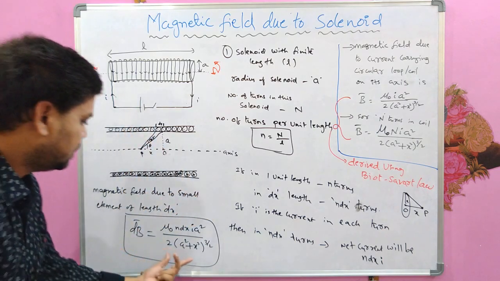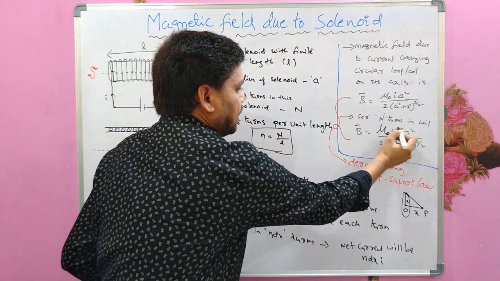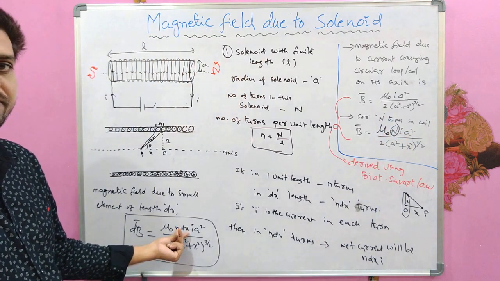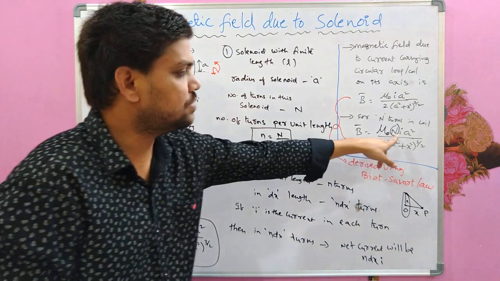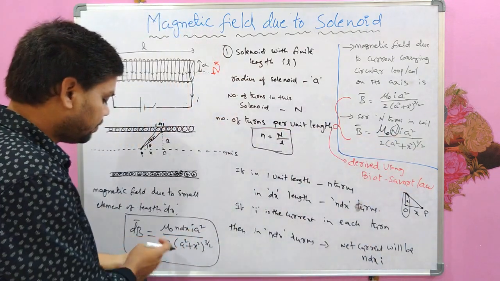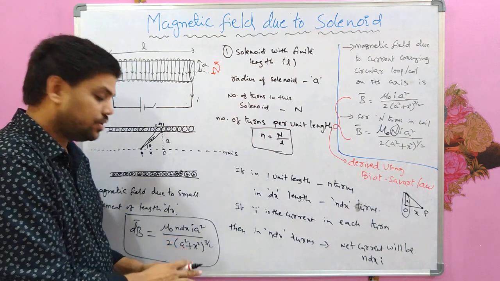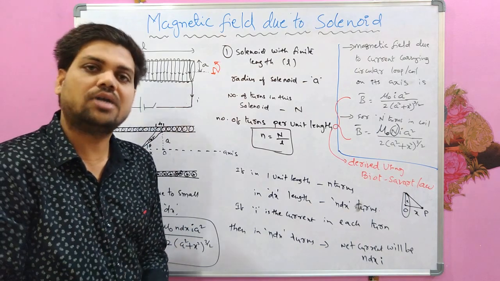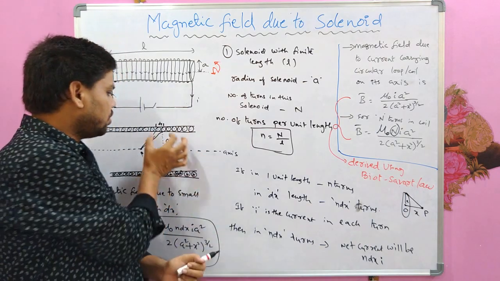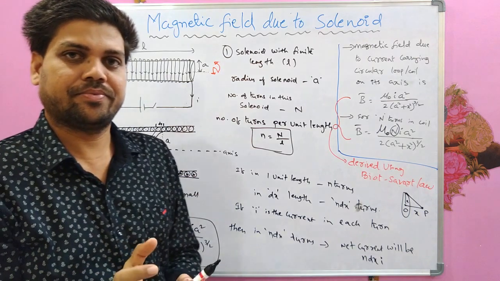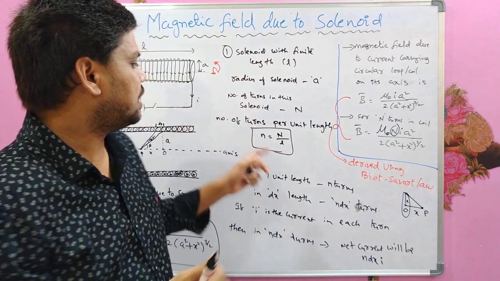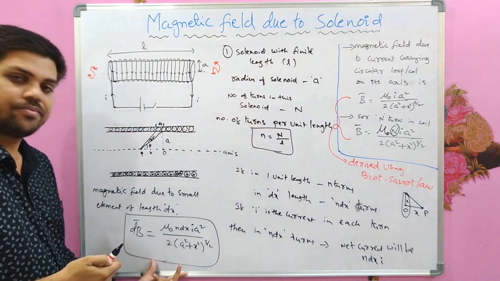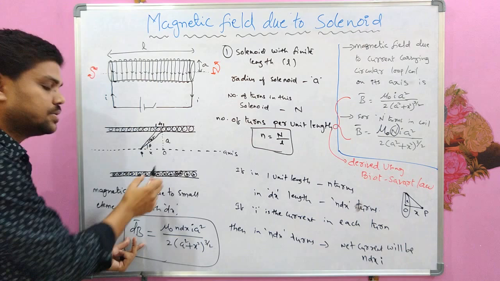So instead of capital N, what we have got is small ndx. This capital N is for N turns, but here we are calculating the magnetic field due to ndx turns. How ndx turns? The turns present in the small segment of the solenoid whose length is dx, and small n is the number of turns per unit length. So this is dB due to this.